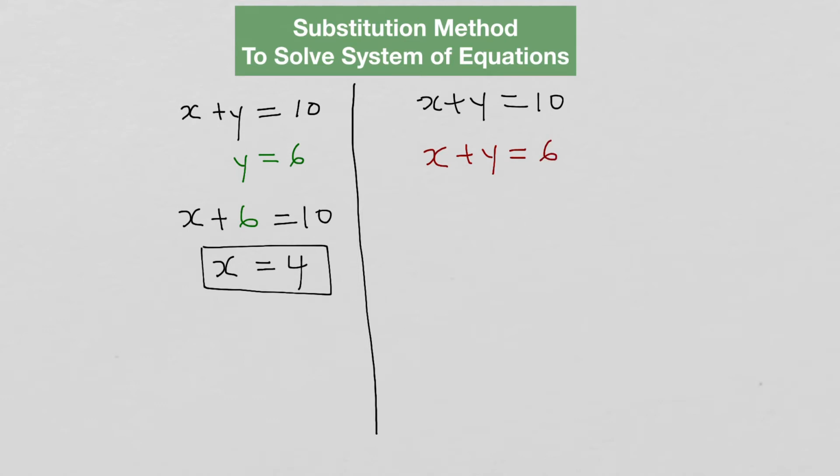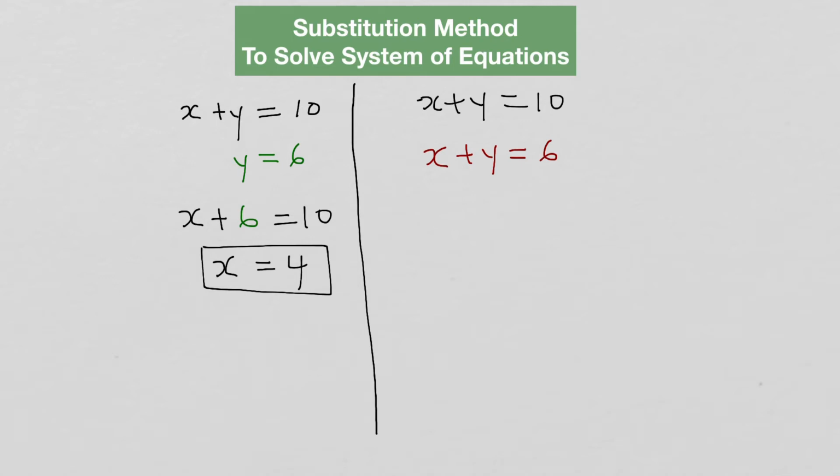Okay, so in this example, we have two equations, we have two unknowns, or two variables, so we can solve this. So what we need to do here is rewrite one of the equations so that we can plug that equation into the other equation.